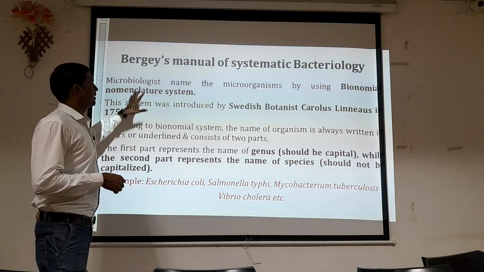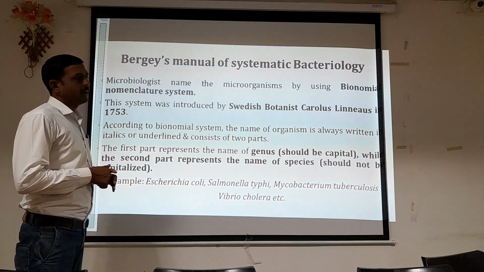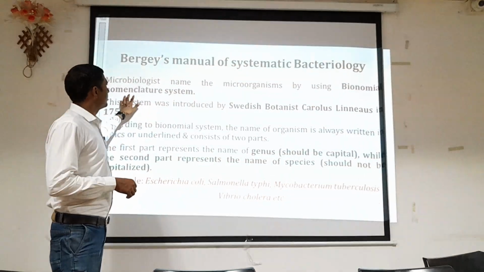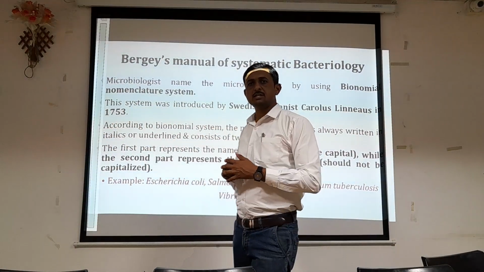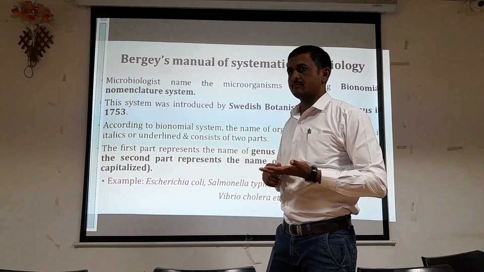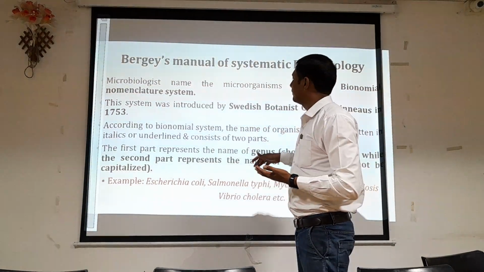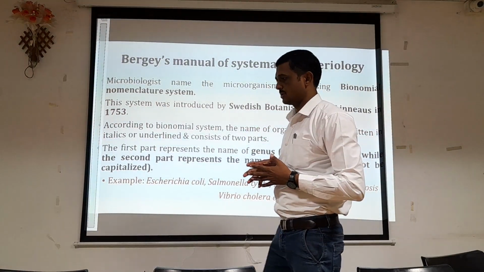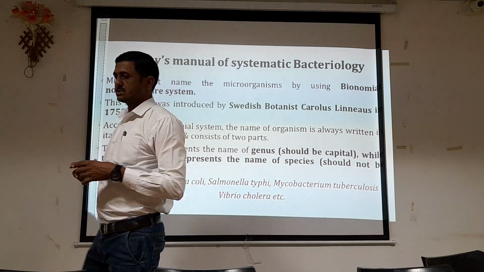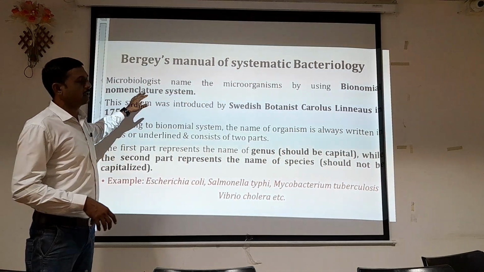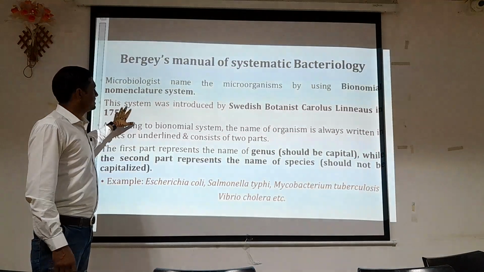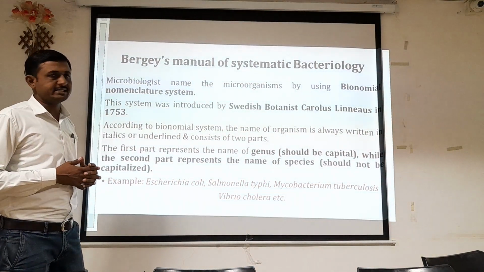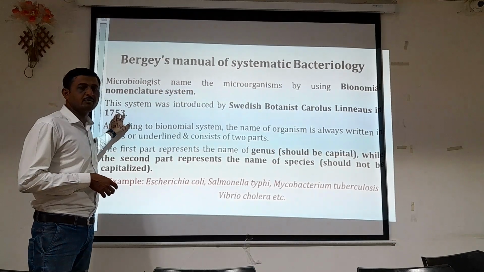In it, microbiologists name the microorganisms by using the binomial nomenclature system. That binomial nomenclature system we have already discussed in the first or introductory part of this unit. It was used for the proper naming of a particular organism, and this system was introduced by the Swedish botanist Charles Linnaeus in 1753.